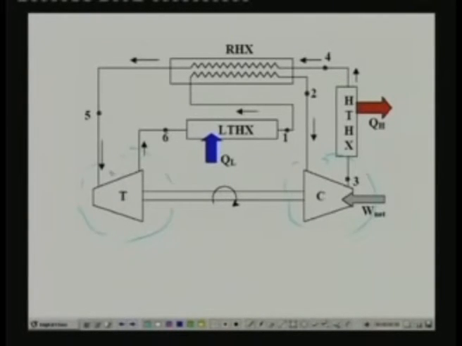If you apply energy balance across the turbine and neglect delta KE and delta PE, that means delta KE, delta PE are negligible for both the components, then from energy balance, and this is a reversible adiabatic process, there is no heat transfer. So you find that work output from the turbine is simply equal to m dot Cp into T5 minus T6. This is from the energy balance across the control volume.